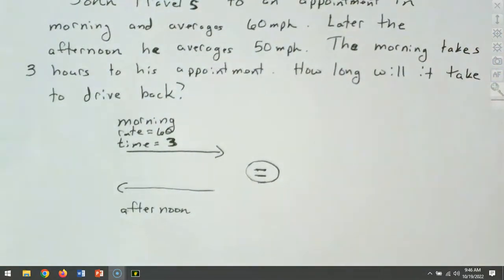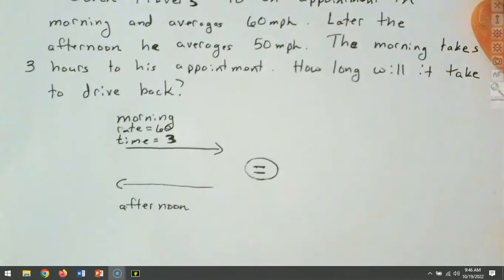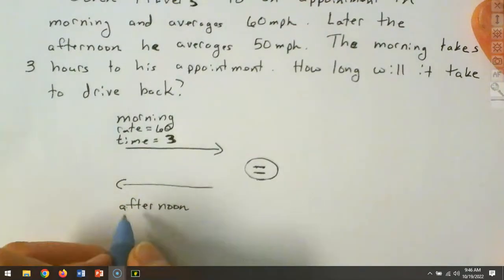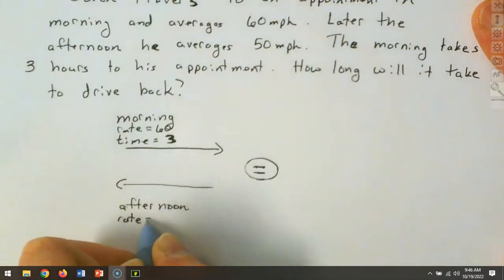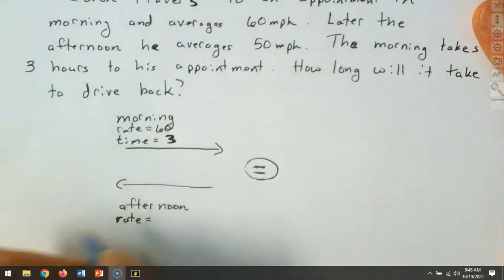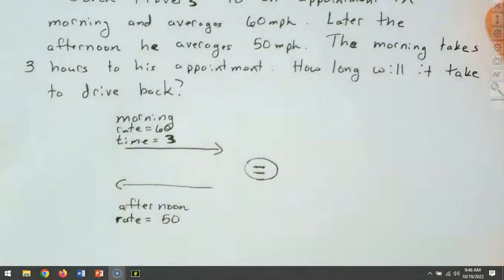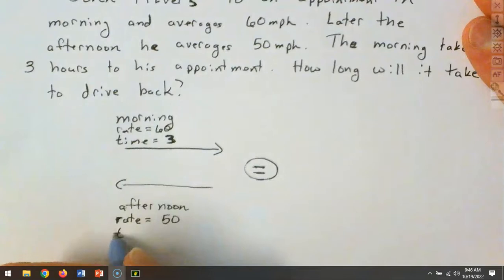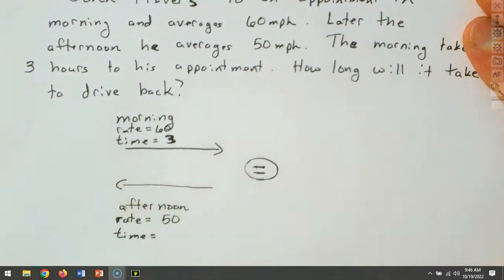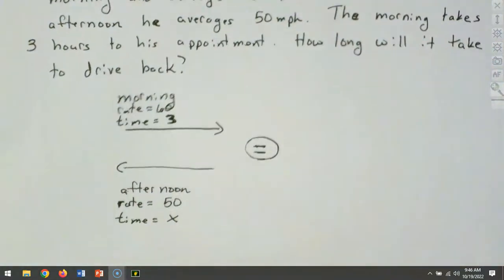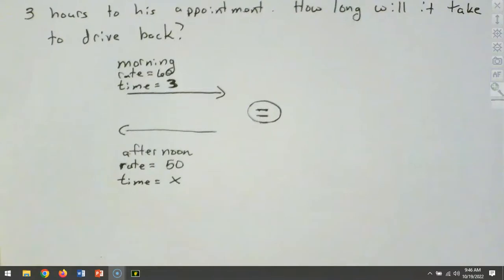But in the afternoon, what do we know about that? We're going slower because there's traffic. So maybe you can't go as fast on the highway. So the rate in the afternoon is going to be 50. Do we know the time that it takes in the afternoon? No, so it's going to be x. And this may not come out to be a nice whole number, and that's okay. We're going to get that time. And it should be more because we're going slower.